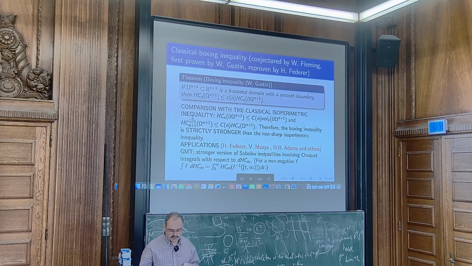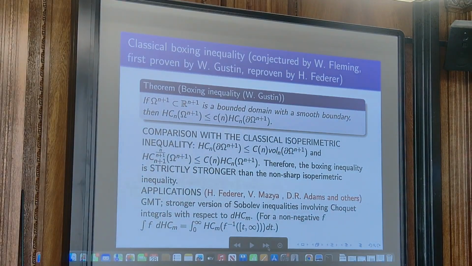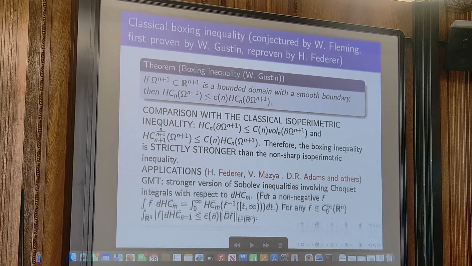So since we got a stronger version of the isoperimetric inequality, one also gets a stronger version of the Sobolev inequalities that involves Choquet integrals with respect to HCM. That's defined using essentially the Cavalieri principle. And one of those inequalities looks like that.